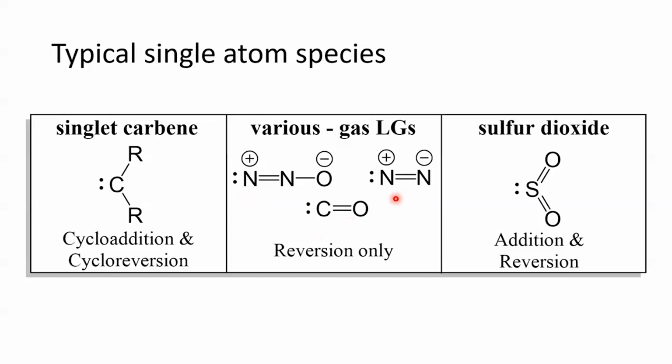So examples might include dinitrogen, carbon monoxide, and similar species. The final common species you see during these reactions is sulfur dioxide, and this can undergo cycloaddition and cycloreversion reactions.